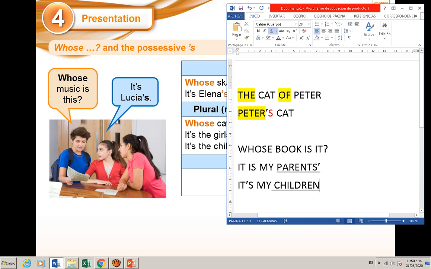En cambio children, como es un plural irregular, tiene la apariencia de un singular, pero es plural, pero para efectos del caso posesivo sí o sí se agrega la S. Entonces va a ser it is my children's book, por ejemplo. ¿Listo? Ese es el motivo.